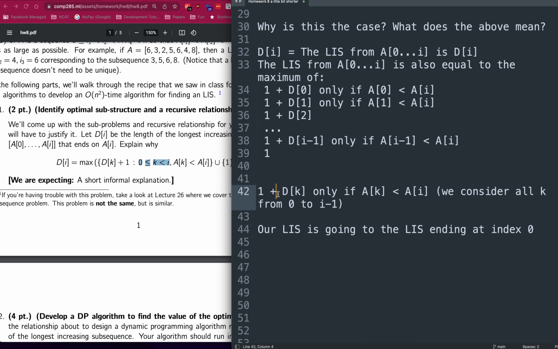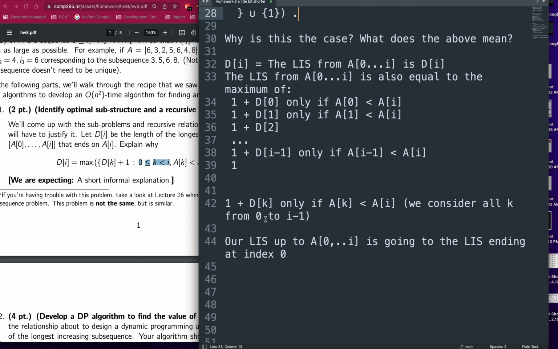So if we look at this, what we're really saying is that the longest increasing subsequence from A0 to Ai is going to be, so the +1 here comes from the longest increasing subsequence ending at index k.